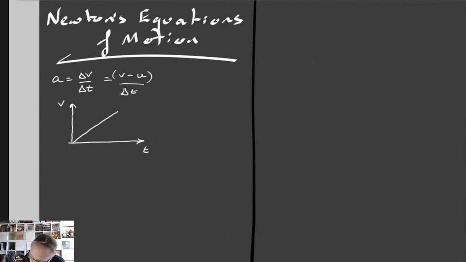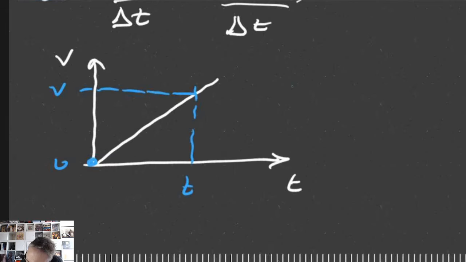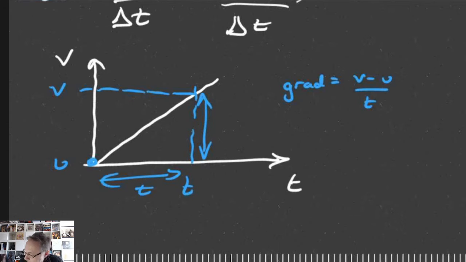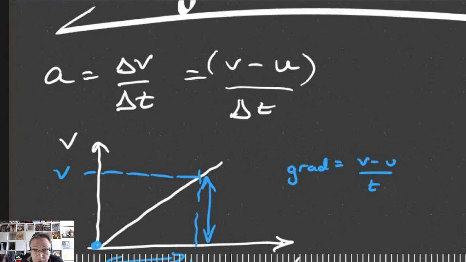Imagine this is the initial velocity and that the final velocity over a time t. Then the gradient of this line will be v minus u, that distance there, over t, that distance there. And that, v minus u over t, is the acceleration.